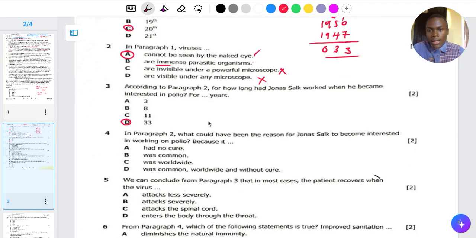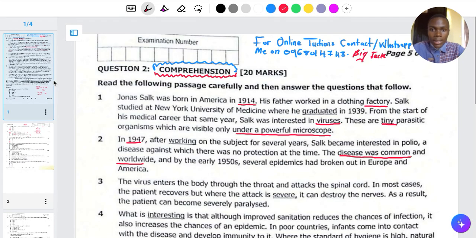Of course, he had no cure at first. Let me see, it is in paragraph 2. It was saying a disease against which there was no protection.